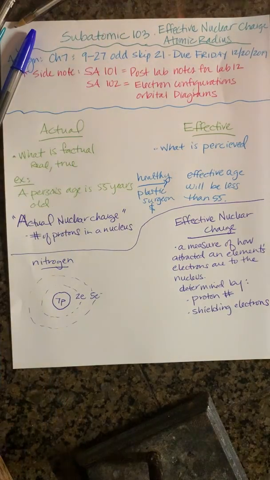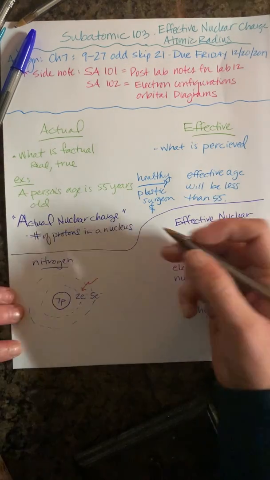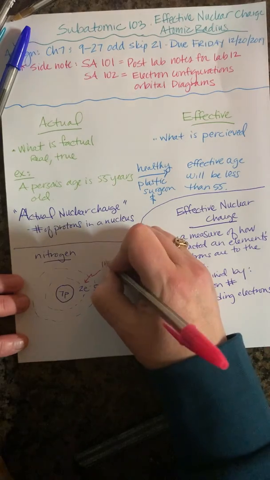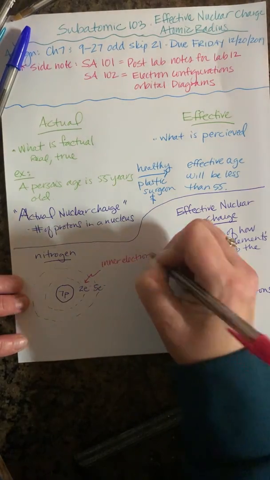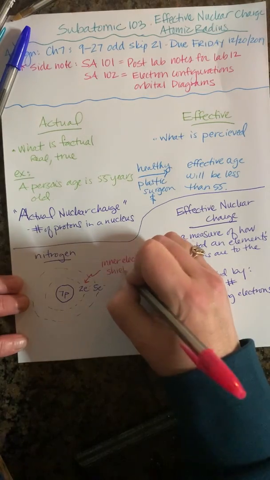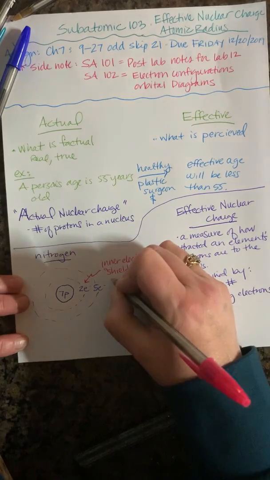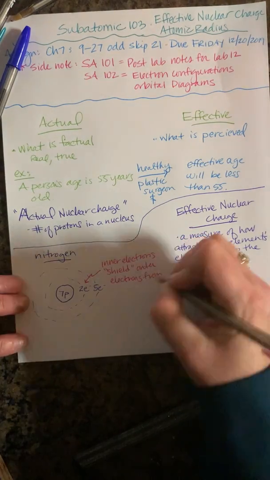So these inner electrons right here, these 2 electrons in the middle, sorry about the shadow, the inner electrons, they shield the outer electrons from the nucleus.